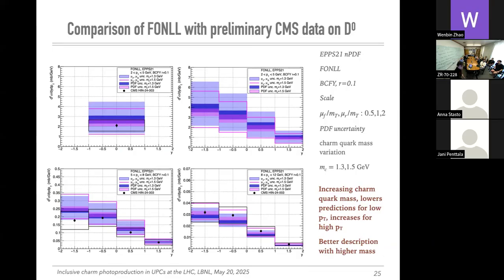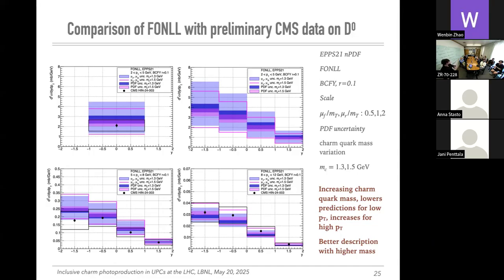So you see again that at lower PT the higher mass is of course lower, and then at higher PT it is higher because there is less resummation. So you see the same pattern as at HERA, and everything within the errors is consistent.